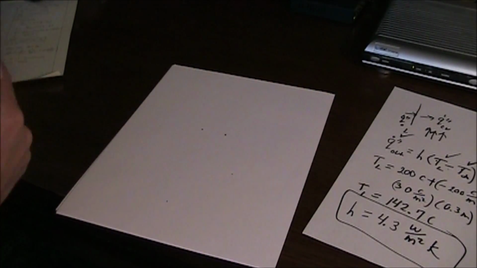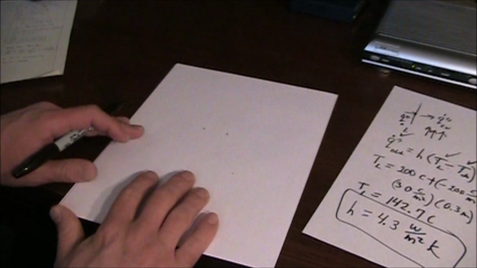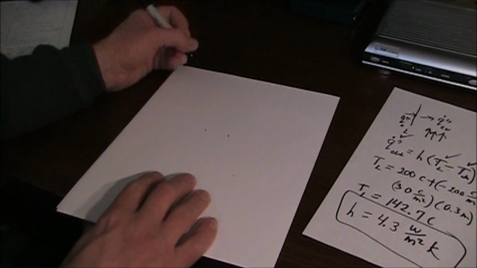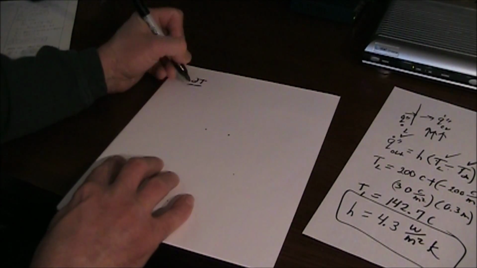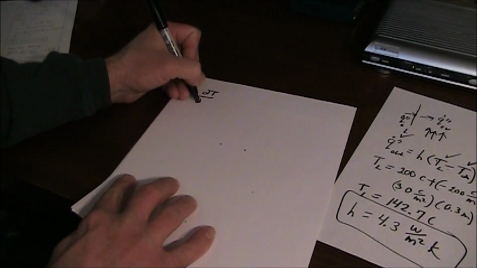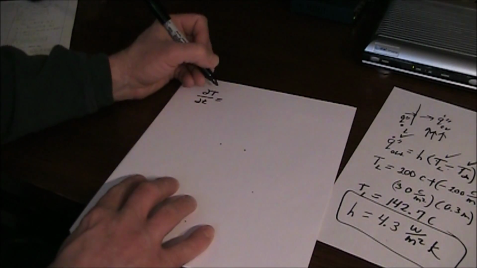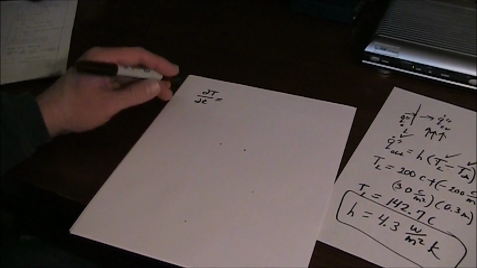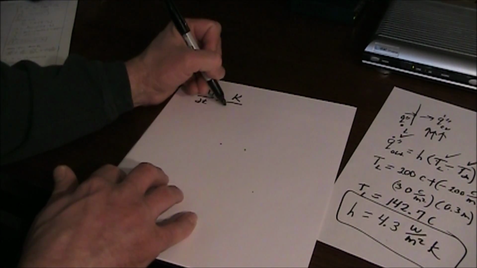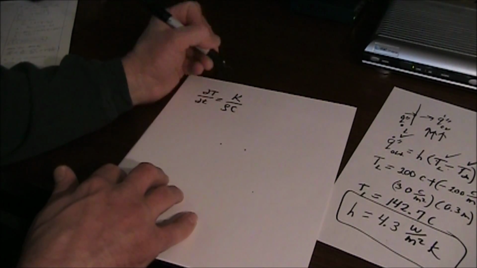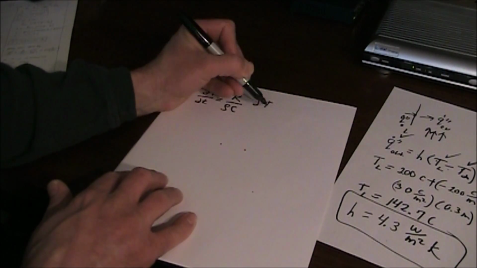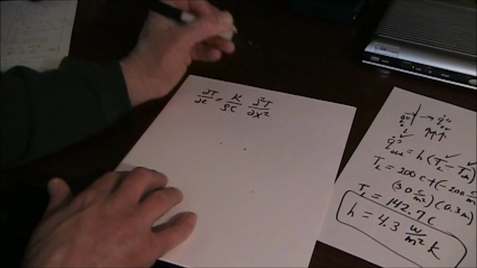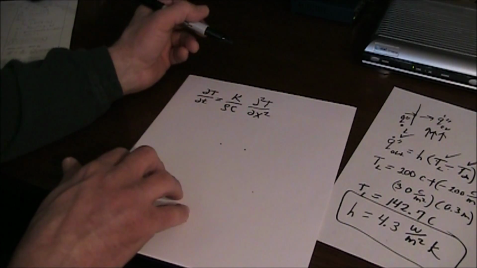But if you wrote the simplified form of the heat equation for one dimension, you would have the change in temperature with respect to time is equal to k divided by rho c, the specific heat, times d squared T dx squared. Okay?